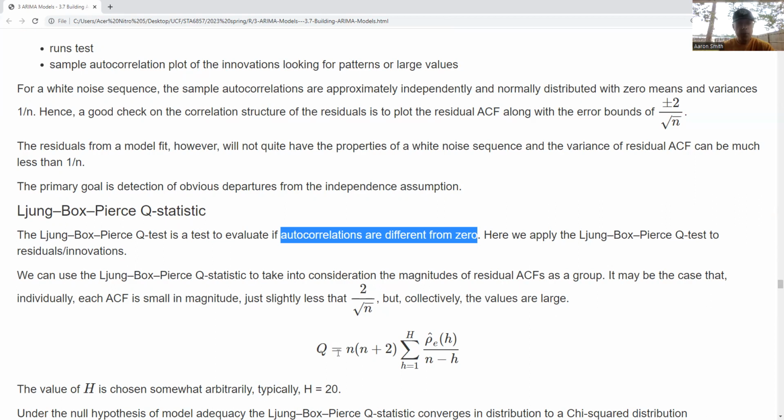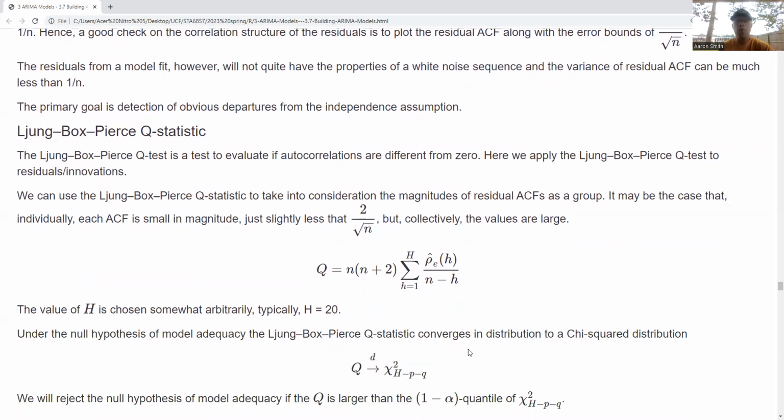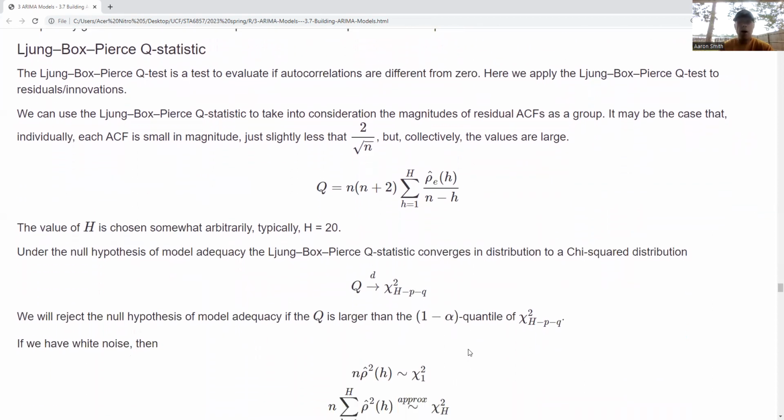And so here's our test statistic. Here I have the autocorrelation at h squared, divided by n minus h, take a summation and multiply by n times n plus 2. Typically, h is set equal to 20. Under the assumption of model adequacy, this test statistic will converge to a chi-square distribution, where the degrees of freedom are h minus p minus q, where h is how far back we're going, and p and q are the orders of the autoregressive moving average model.